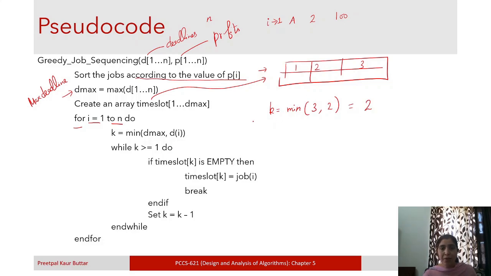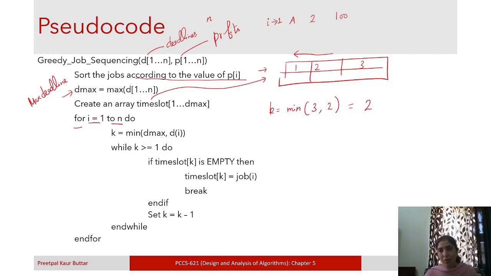So we will start from 2, that is the deadline of that job, till 0. While K is greater than or equal to 1, we will start at the deadline till the very first time slot, that is time slot 1.